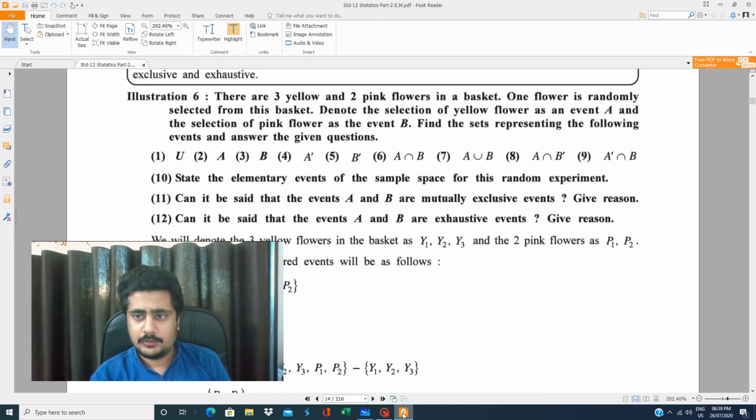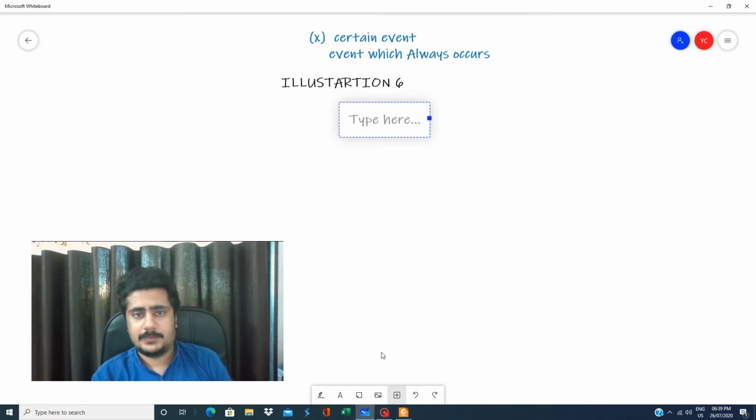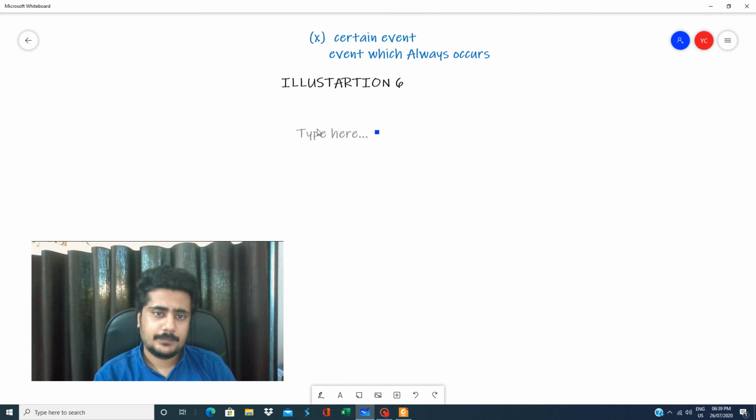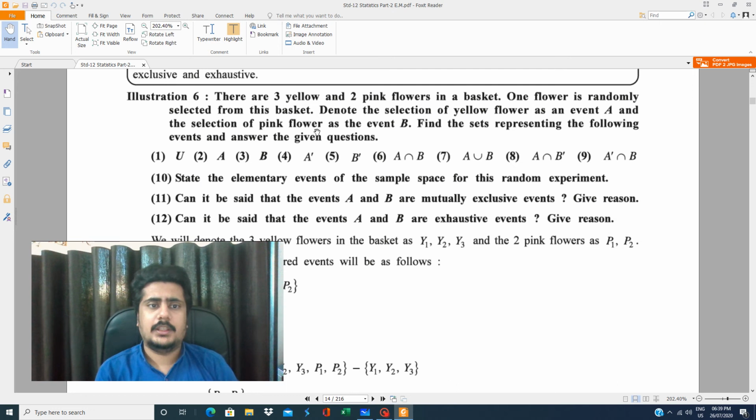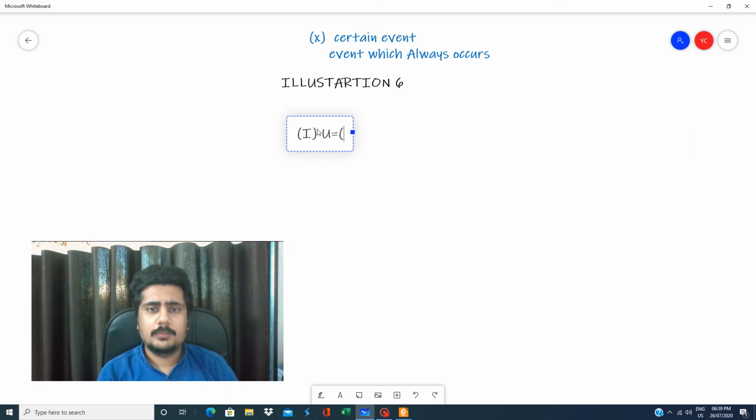Denote the selection of yellow as event A and selection of pink as event B. Let us start with question number 1, sample space. What is the sample space? How many total flowers are there? Sample space means everything. So total there are 3 yellow and 2 pink flowers, so there are 5 flowers.